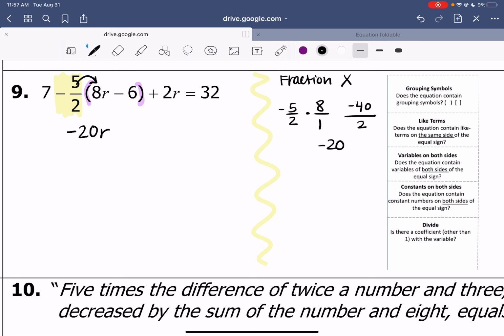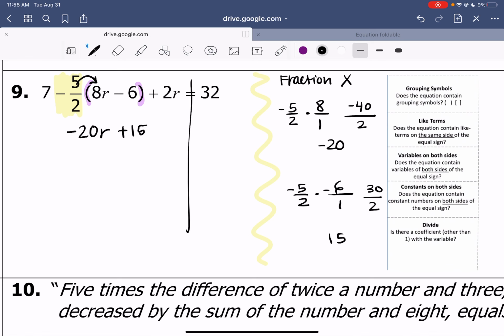Then my other is -5/2 times -6/1. So -5 times -6 gives me +30, and 2 times 1 is 2. So 30 divided by 2 is going to be 15. So then I'm going to add 15 over here.